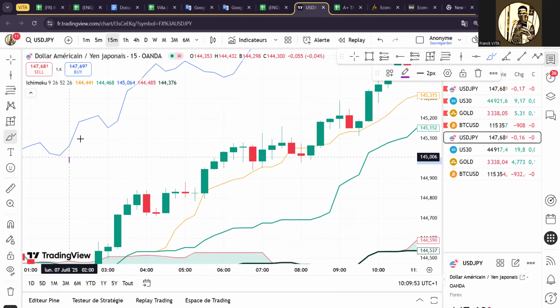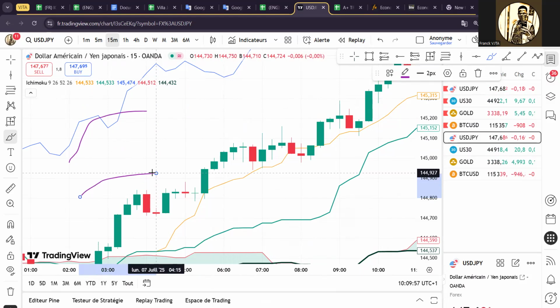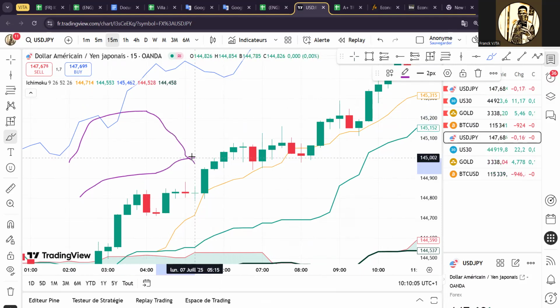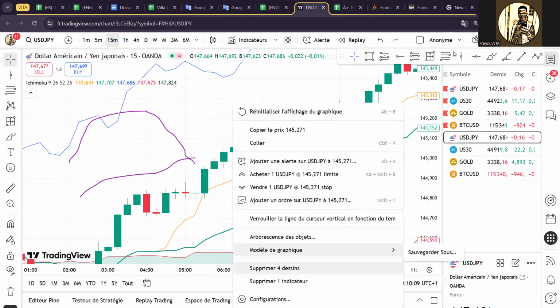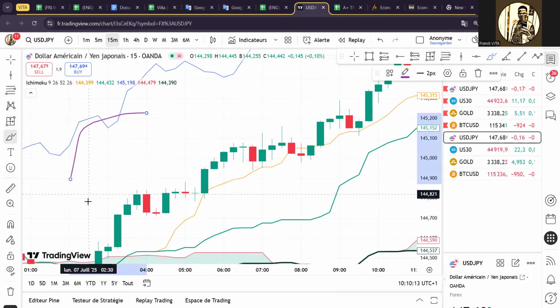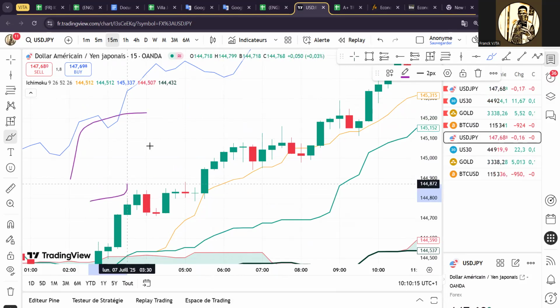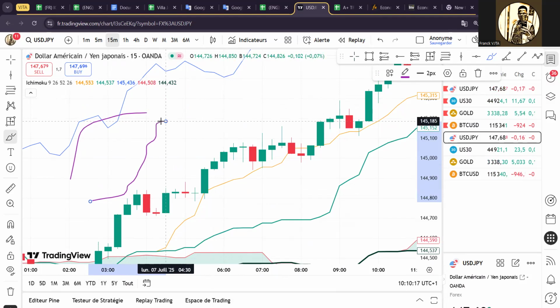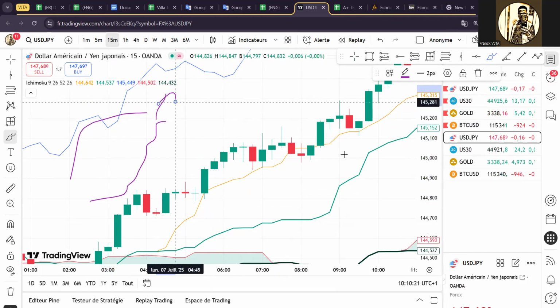I wanted to show you that if a ticket is fat like this, the common way to reduce this ticket is Tenkan going down like this, right? And meeting Kijun to the downside. But that's one way. The other way is that Tenkan can stay above and Kijun go and meet him before continuing to the upside. That's two ways to reduce the fat.